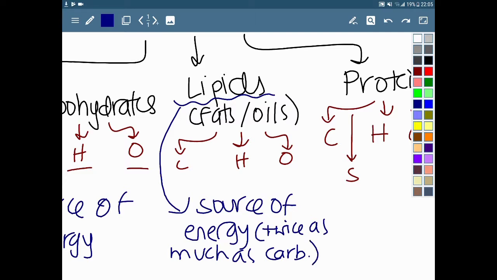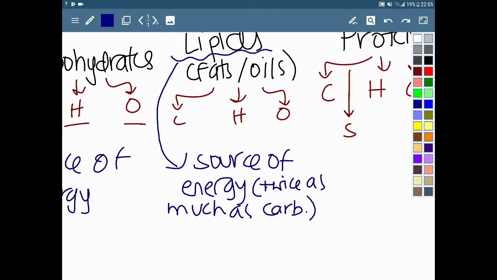Okay, they're for insulation, and they form structures such as cell membranes.